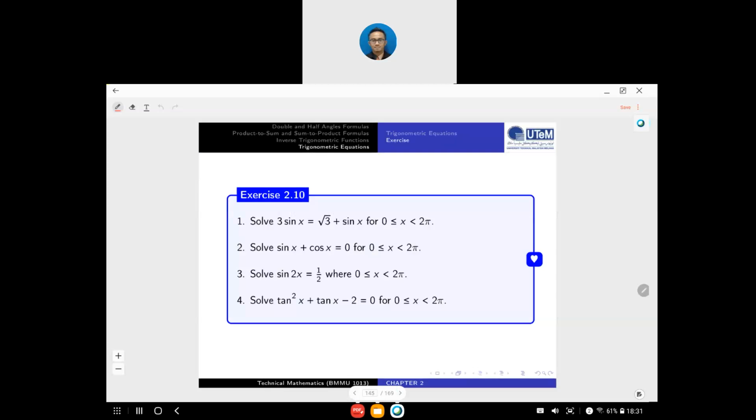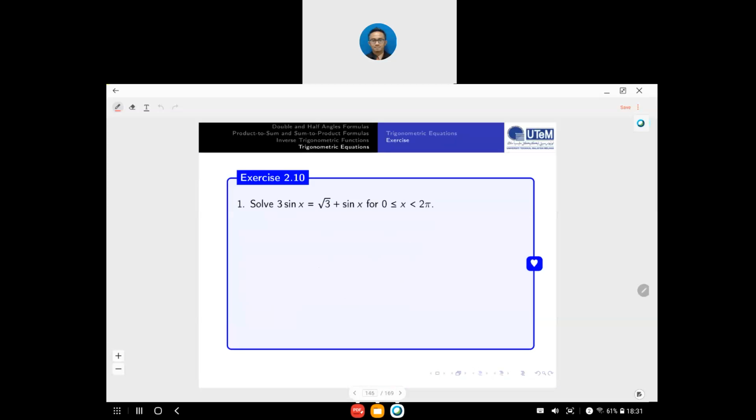Now look at exercise 10, question 1. Solve 3 sin x equal to sec 3 plus sin x, for this interval. When you want to solve this one, you can get 3 sin x minus sin x.